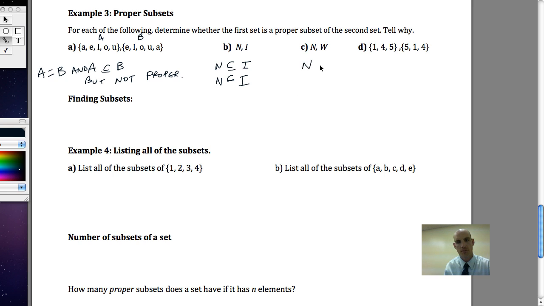The natural numbers would be a proper subset to the whole numbers because they're not all whole numbers. The natural numbers are only some of them. What about this next one? This is not proper because they're all the same. They have the same elements. When we find subsets, what we want to do is we want to make an organized list.